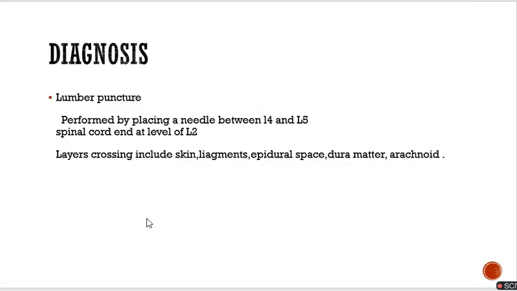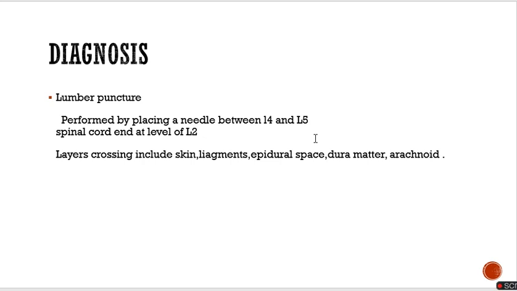Now, how do we diagnose meningitis? To diagnose meningitis, we do a lumbar puncture. In lumbar puncture, we place a needle between L4 and L5. We lateralize the patient toward the right side and flex at the hip joint as well.